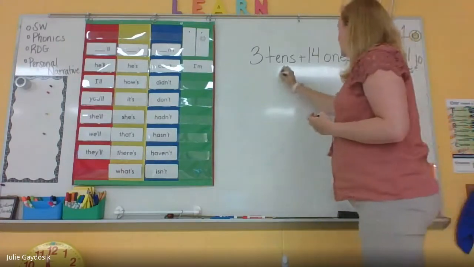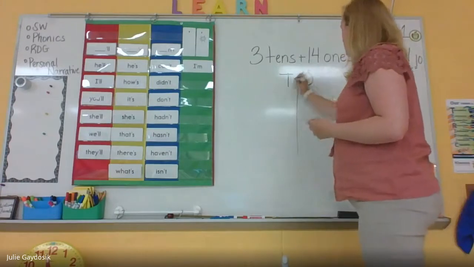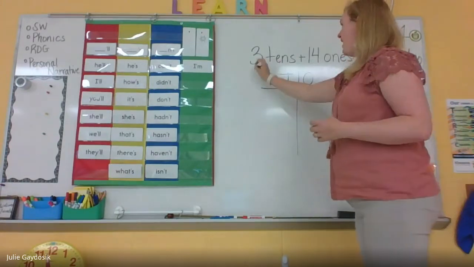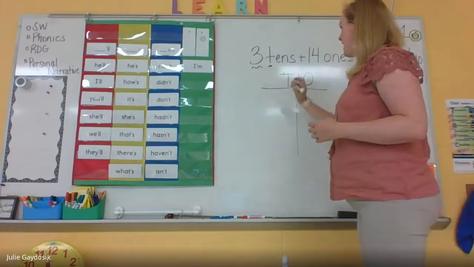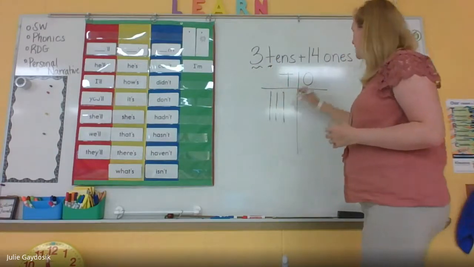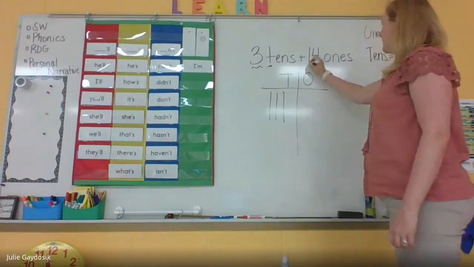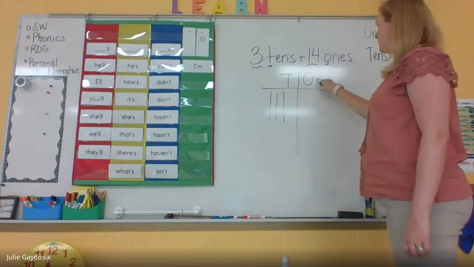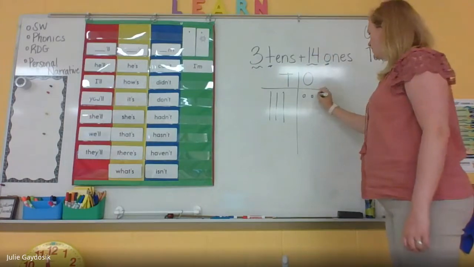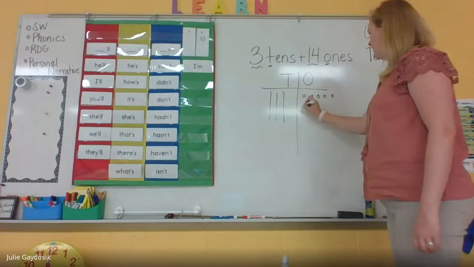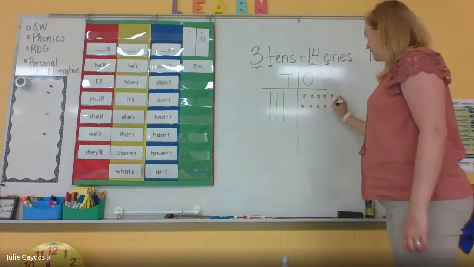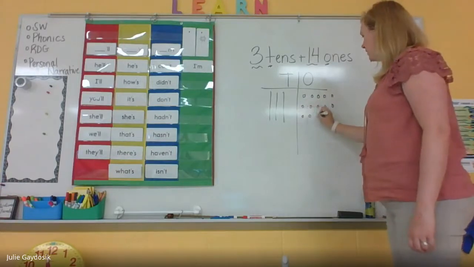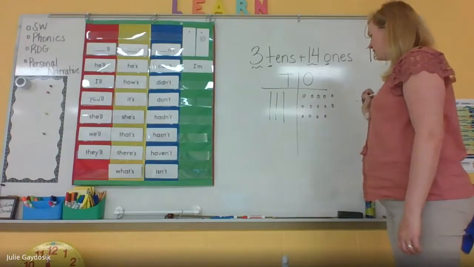So I'm going to draw my TO chart. I have 3 T's, 3 tens, 1, 2, 3. I have 14 O's or ones. 1, 2, 3, 4, 5, 6, 7, 8, 9, 10, 11, 12, 13, 14.